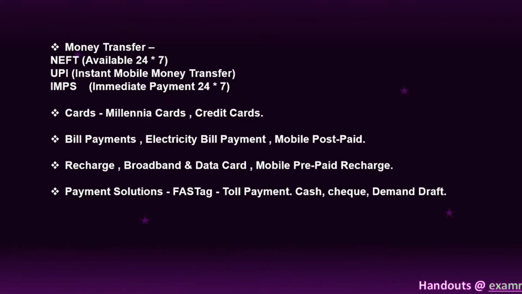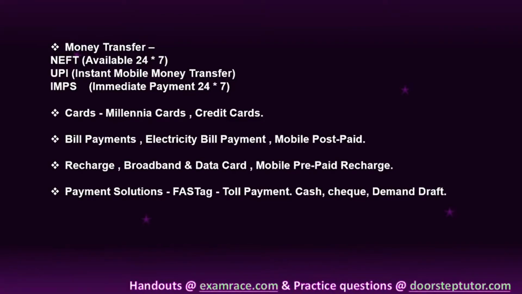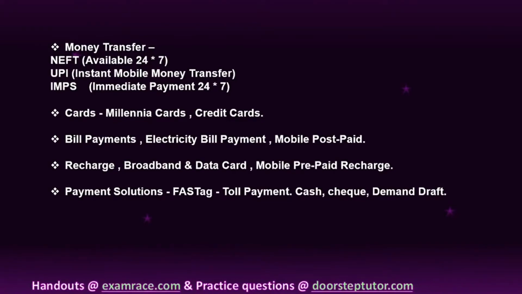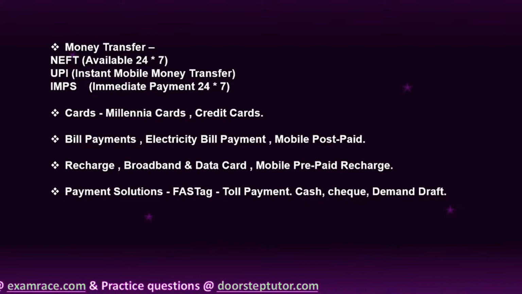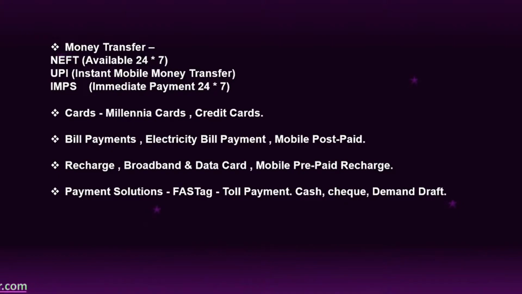Next we have a few more quite common usages of mobile banking in the 21st century. The very first is money transfer using NEFT, UPI and IMPS digital payment systems, which are available 24/7. Then use of cards like Millennia cards, credit cards, and EMV, that is Europay, Mastercard and Visa cards.